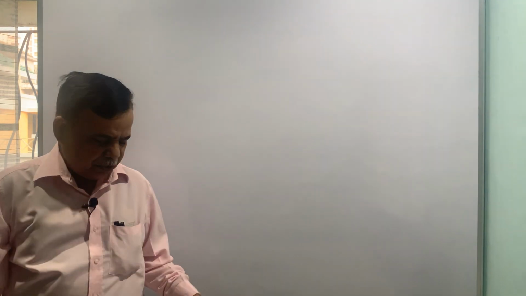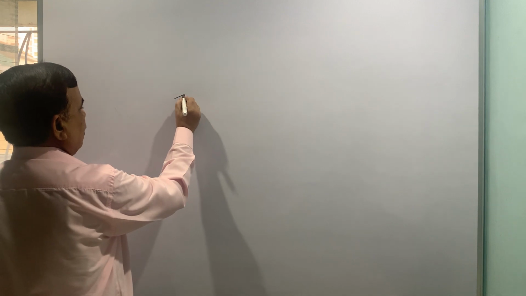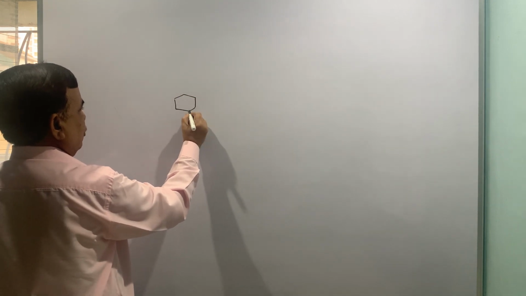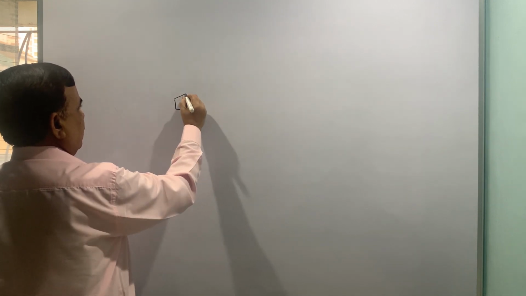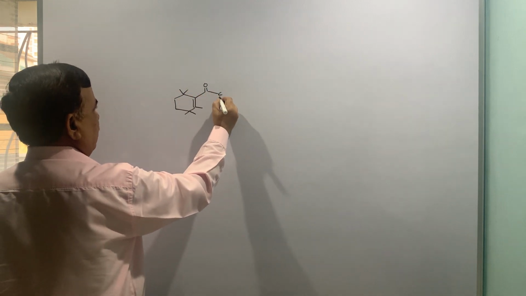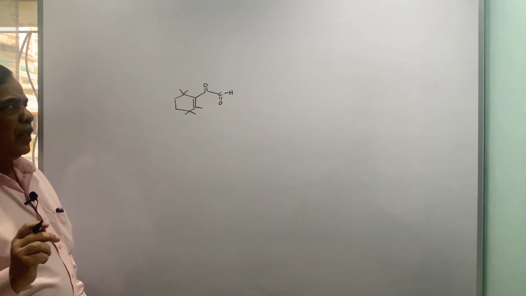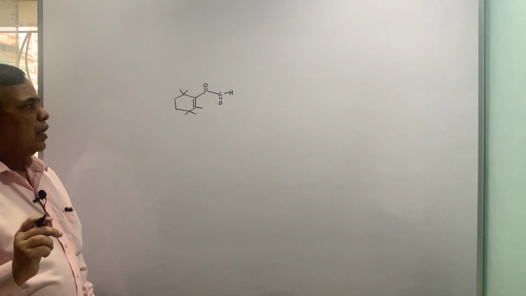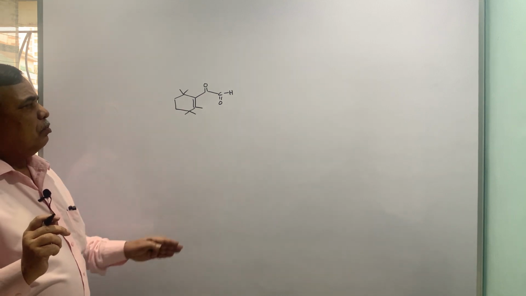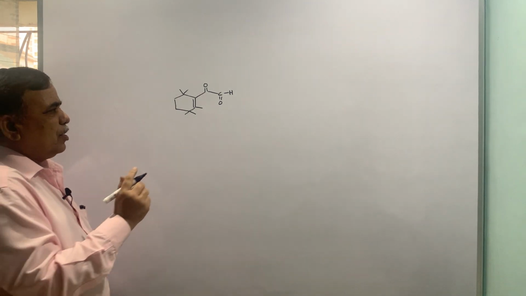Now, coming to the second example, wherein the redox reaction is taking place. You are having two functionalities. I will just put the example first, then we will talk about the relative reactivities of the functional groups. Now, this carbonyl group is not having an alpha hydrogen atom, so there is no question of aldol condensation.